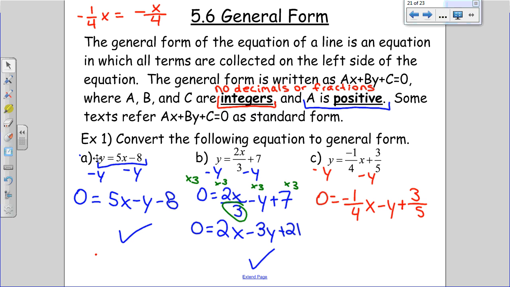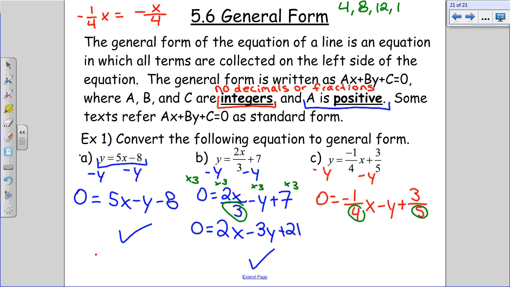Okay? So the best thing you can do when you have multiple fractions, and you need to get rid of multiple numbers, like 4 and 5, is to figure out their lowest common multiple. Lowest common multiple means if you look at all the things that 4 could multiply to be: 4, 8, 12, 16, 20, and you looked at all the multiples of 5: 5, 10, 15, 20, you want to pick the lowest number that they have in common.